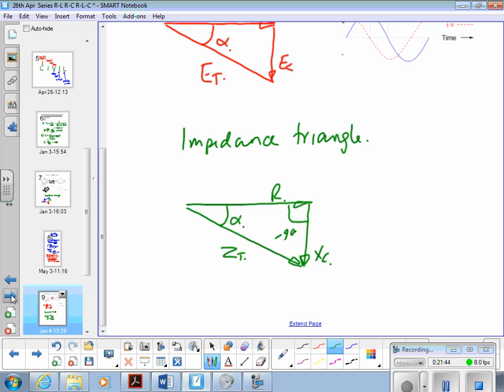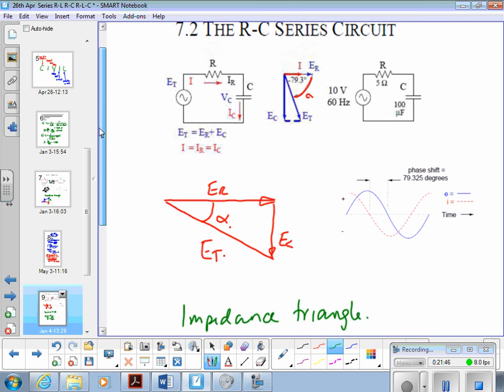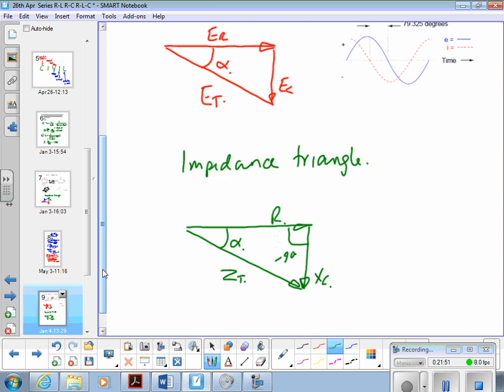If we take our circuit again, component values this time are 5 ohms and 100 microfarads, same voltage and frequency.